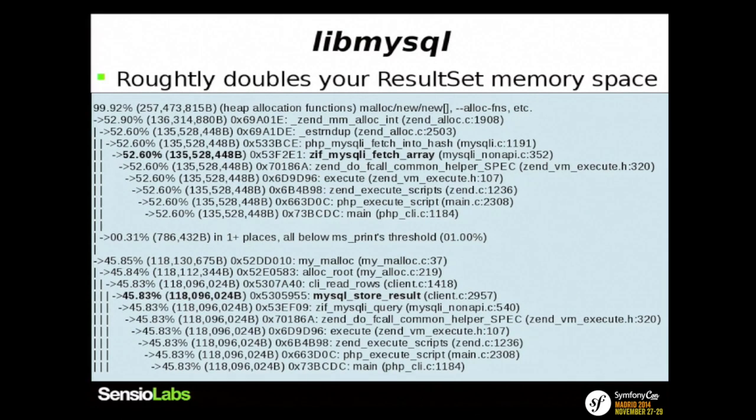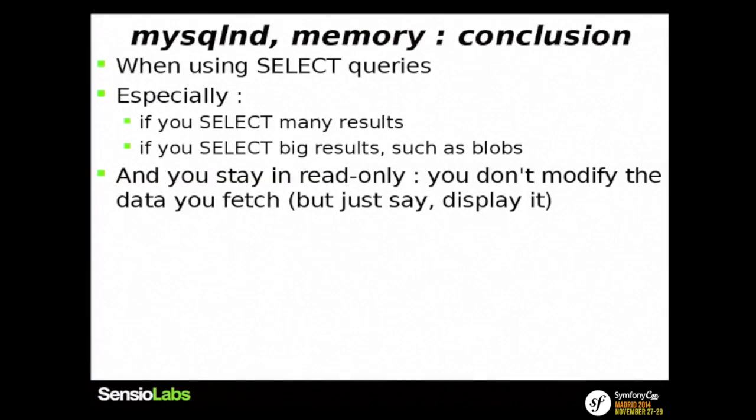This is the same, but in detail using a memory analyzer, where we can see that libmysql allocates about 45% of the total PHP process memory, and PHP itself, when you use fetch array, allocates memory as well. This is not very nice when you use libmysql. So you have a big saving using mysqlnd, especially with big selects, when you stay in read-only mode.